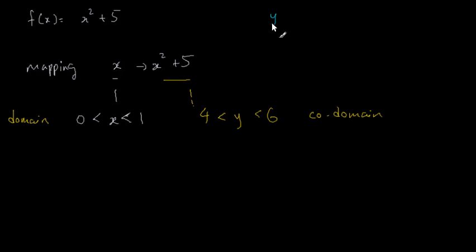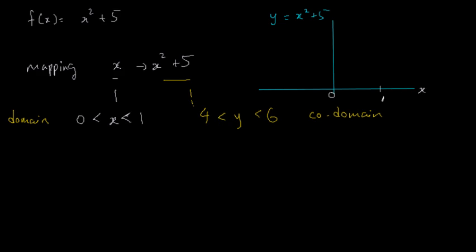So imagine that I sketch a graph of y equals x squared plus 5, this one. And the domain here is between 0 and 1 for x. So this is my domain. I probably shouldn't write that name here.